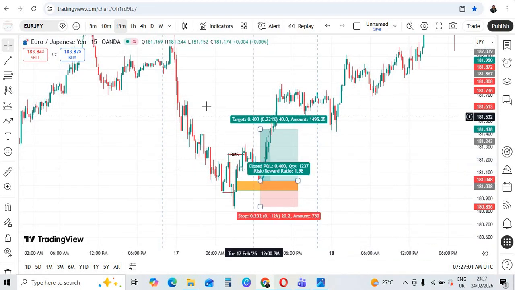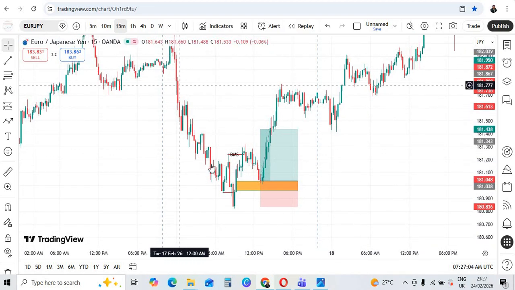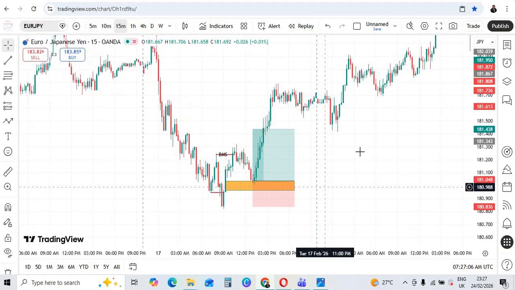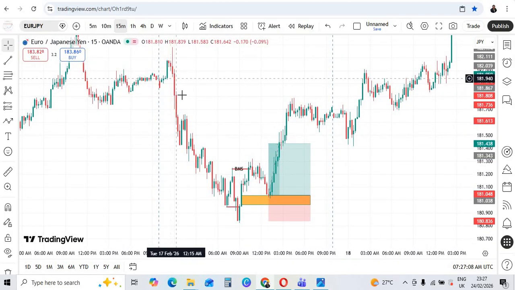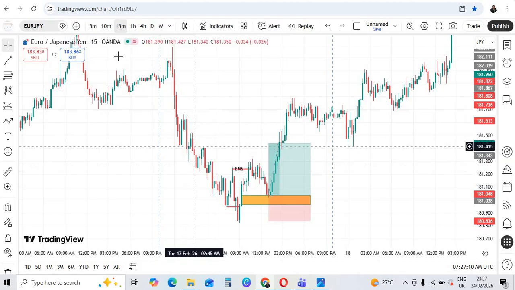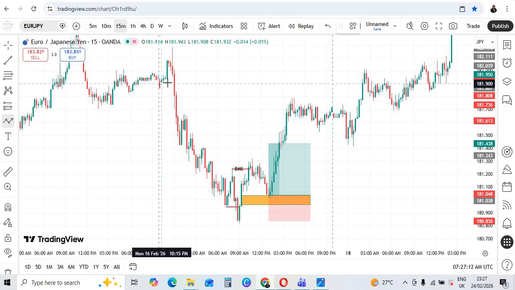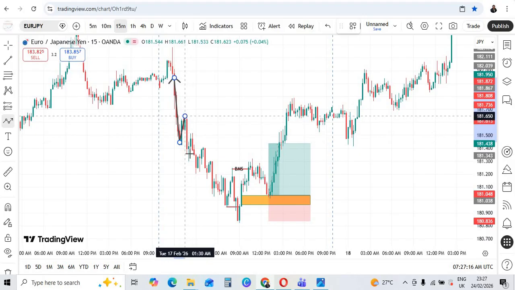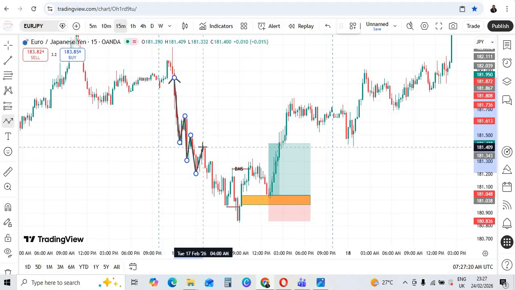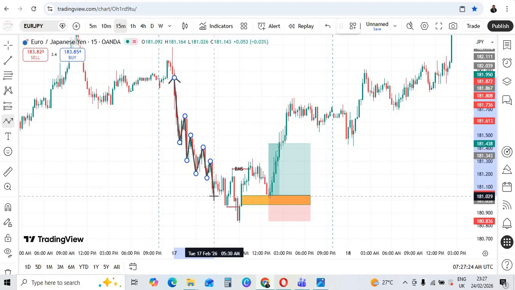If you look at this range here, we're having lows and highs, low and high, low and high. Don't forget, in a downtrend, the last high must not be taken out. Once it's taken out, that means it's already giving us a signal that there's a change.